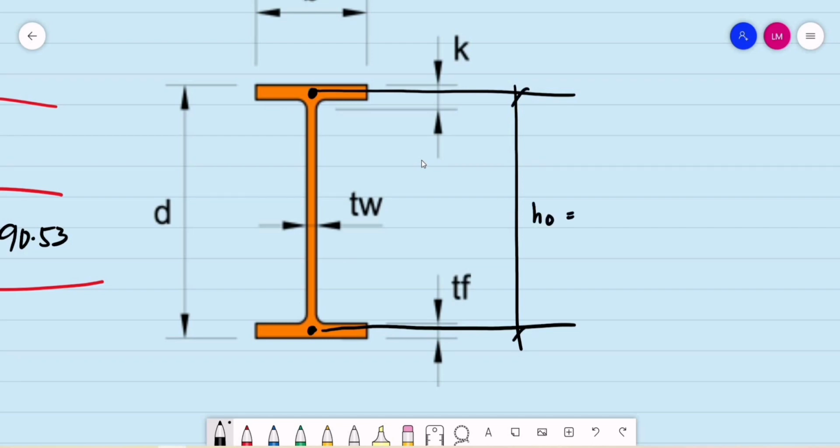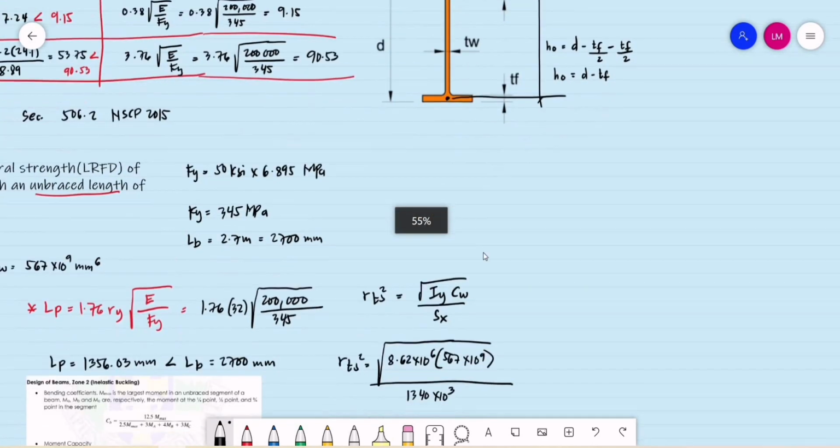Basically that is the total depth of the wide flange or the I section minus t sub f, the thickness of the flange, over 2, since the centroid is at half of its thickness, one on the top flange and one on the bottom flange. So 1/2 plus 1/2 is 1. Our h sub o is the total depth minus the thickness of the flange.